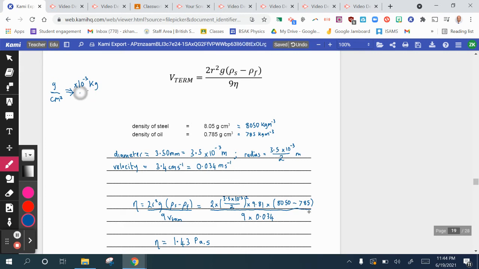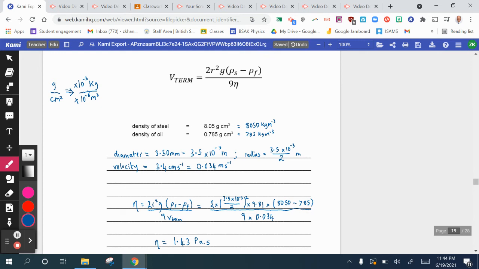Let's have a look at the centimeters cubed, which is at the bottom of the unit for density. We've got to get to meters cubed. Centimeters cubed to meters cubed, what do we have to do? There are 100 centimeters in 1 meter, and it's cubed, so that's 10 to the minus 6 to get from centimeters cubed to meters cubed.